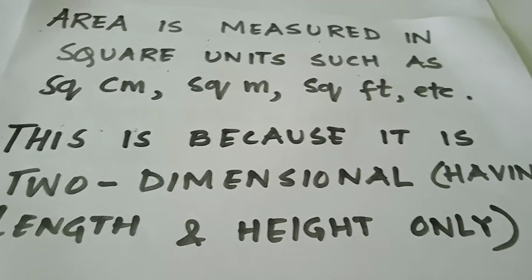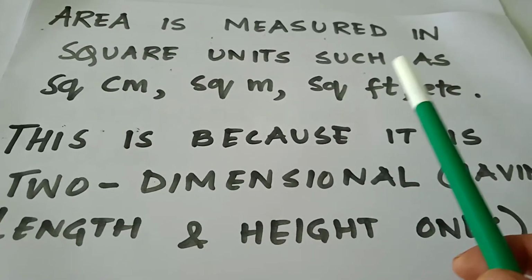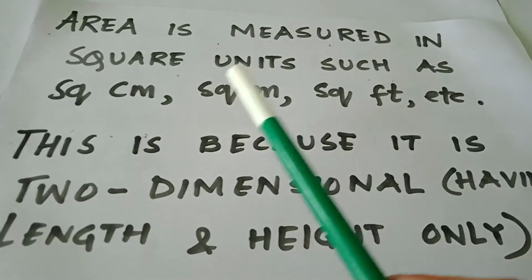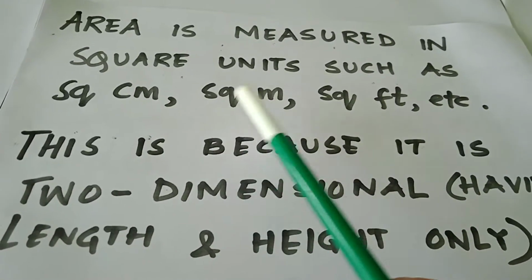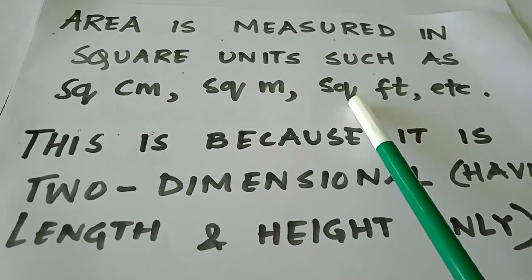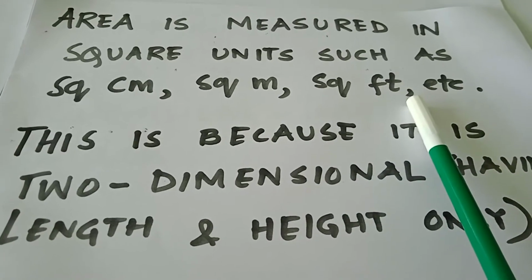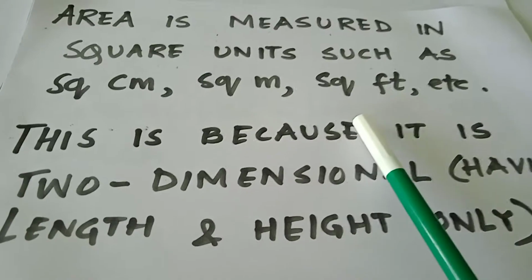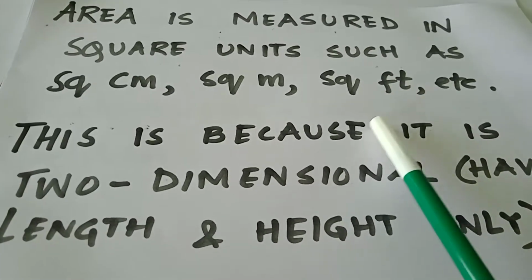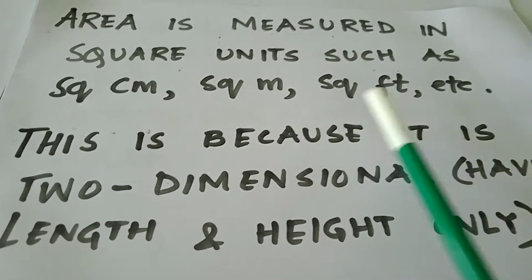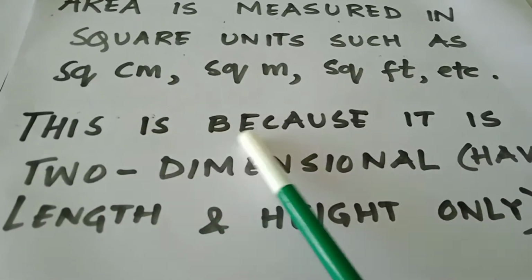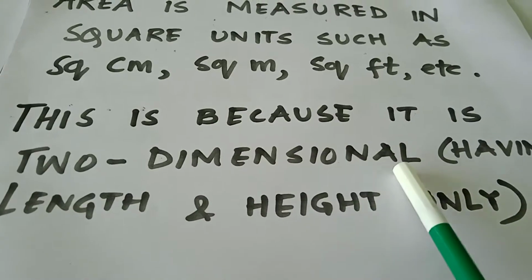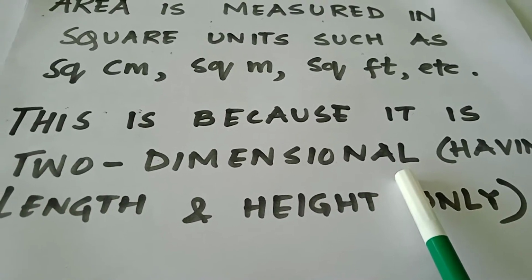And remember, area is always measured in square units such as square centimeter, square meter, square feet, square kilometer, and so on. Why is it always measured in square units? Well, this is so because it is a two-dimensional shape that we are dealing with.